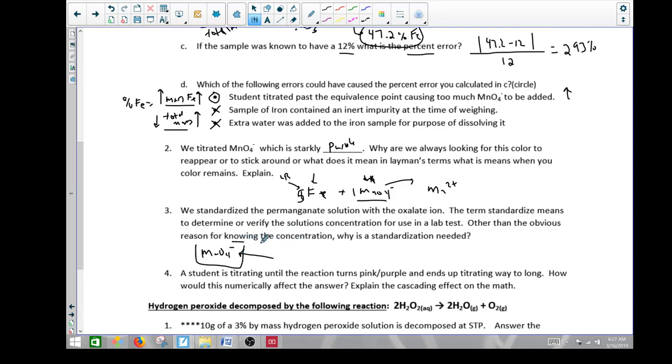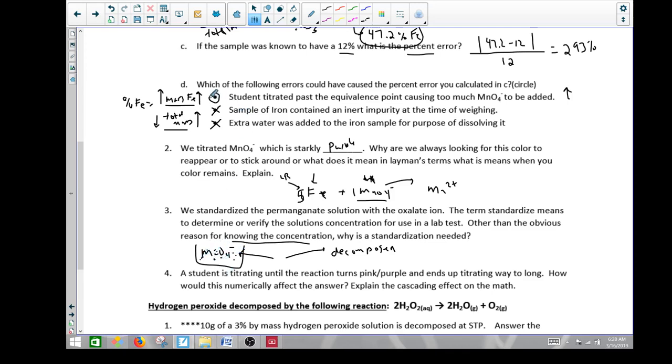But it says other than that reason. Well, the reason why we want to know the concentration is because this stuff could have, over time, decomposed. Meaning that some of the active ingredient may have deactivated and therefore isn't working.